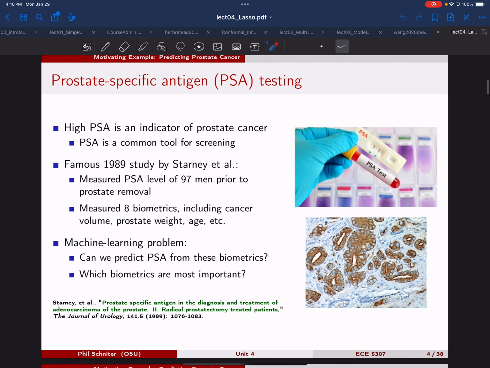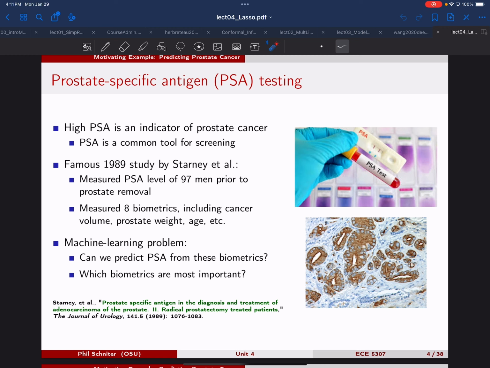So our demo is based on this data set that has to do with PSA. PSA is something that you can measure in the blood, and it's an indicator of prostate cancer. It's the most common tool that doctors use for screening.